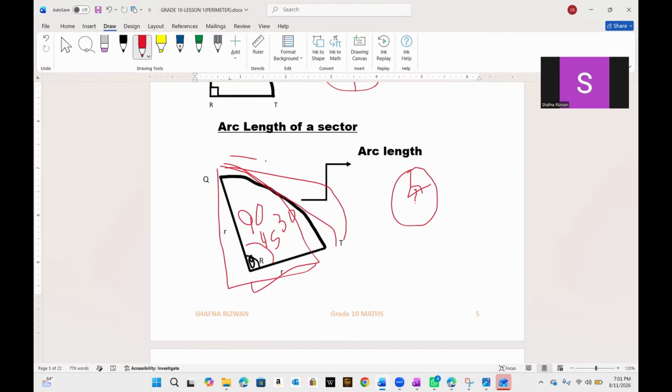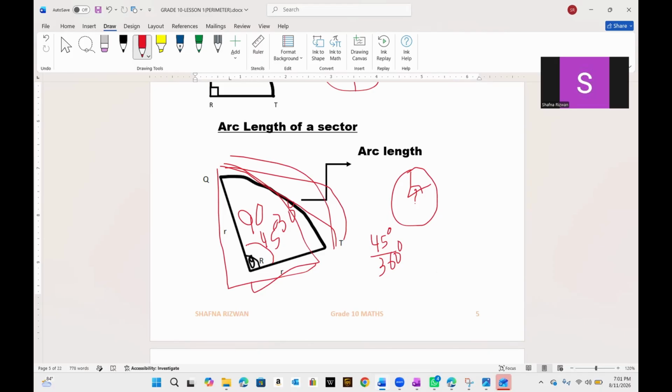To take the measurement of arc length, we should first see how much of the circle we are taking. We are taking 45 degrees of the circle, or 30 degrees of the circle. 45 degrees means 45 degrees out of 360 degrees.